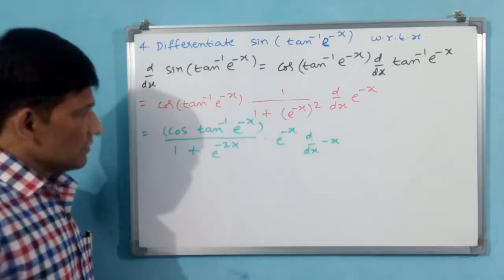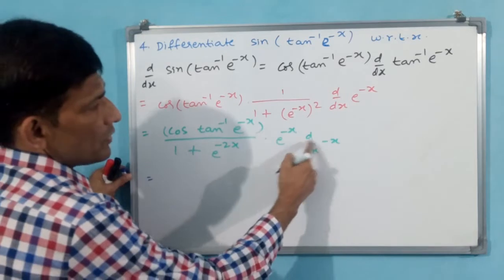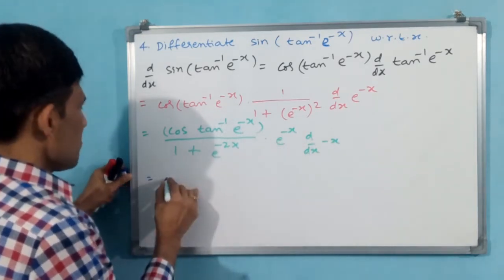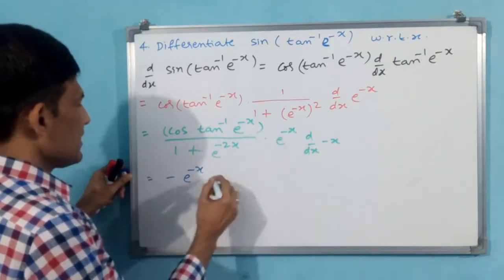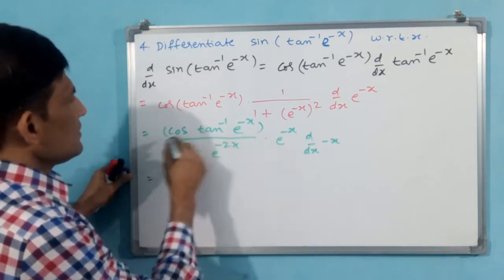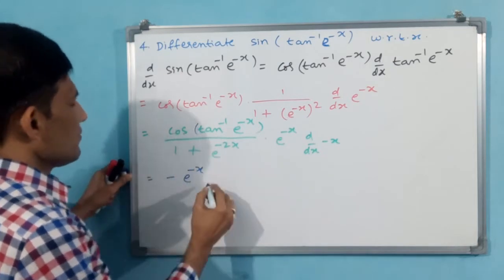See what I am doing now. That is equal to, this will give minus 1, dx going to get cancelled, minus 1 will come. Minus e power minus x, minus and e power minus x I am taking out. Bracket you have to keep here.